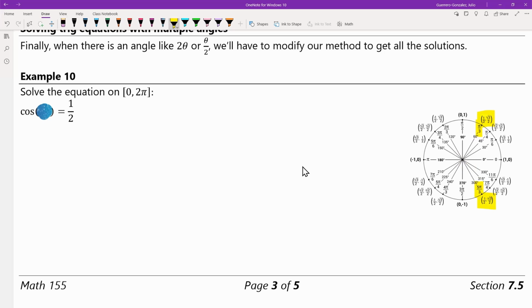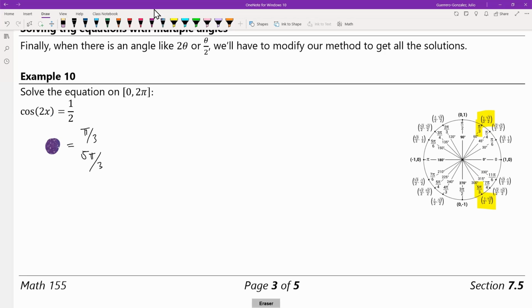Those are the two angles where the cosine is equal to 1/2. So that means my big, huge dot has got to be equal to pi over 3 or 5 pi over 3. Now, look at this.